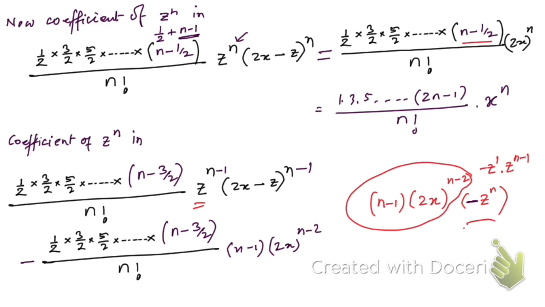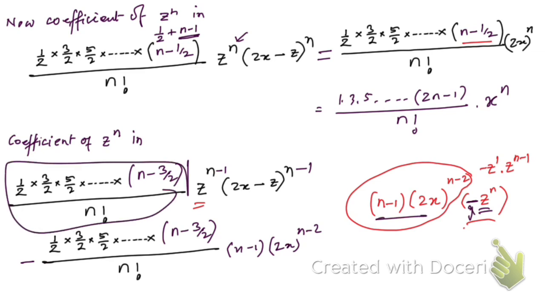As we are taking the coefficient of z to the power n only, we have taken this negative sign and this part and this part. Hope you have understood this. We are taking the coefficient only. So that's what we're going to have.